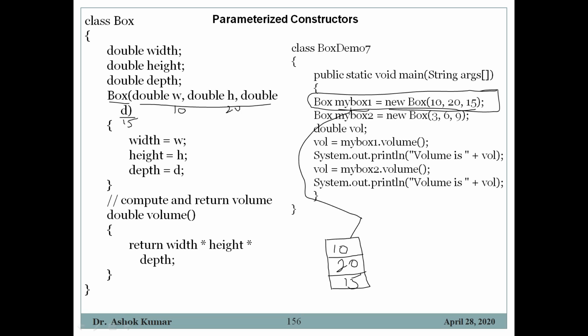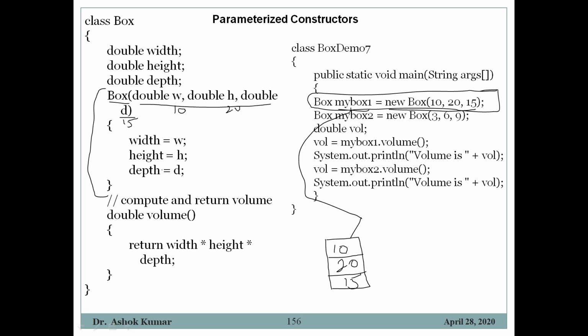So if you don't write any values within this, in that case the non-parameterized constructor will be called, but we haven't implemented a non-parameterized constructor over here. In that case, if the non-parameterized constructor is not there, Java will provide its own default constructor.